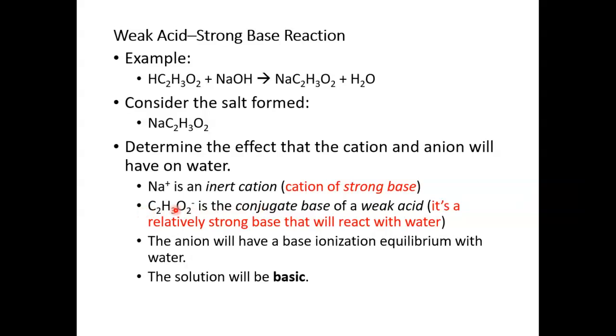That means acetate will have a base hydrolysis. That would be the equation you would write at the top of your ice table. Yeah?